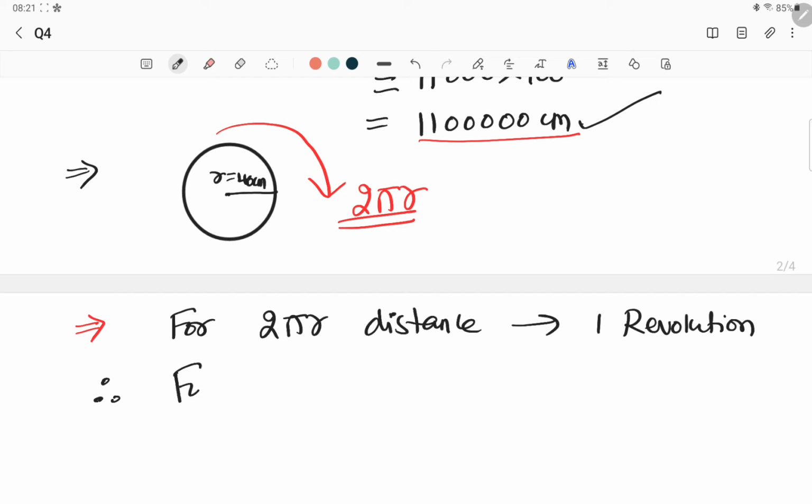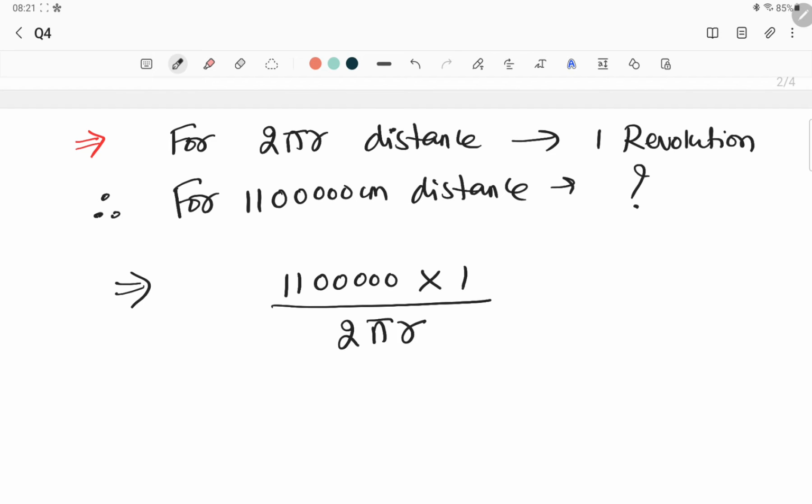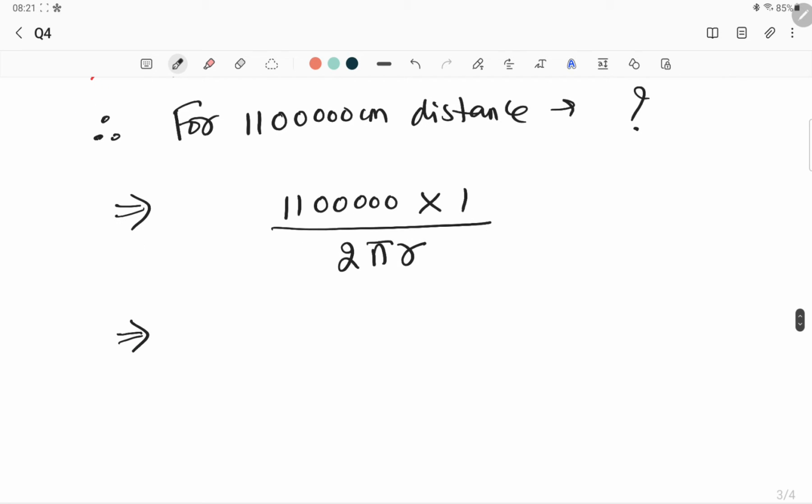Therefore, for 11 and 5 zeros, these many centimeters of distance, how many revolutions does it have to do? So what you are going to do here is 1100000 into 1, that is one revolution, divided by 2 pi r. If you find this answer, you are going to get the number of revolutions.